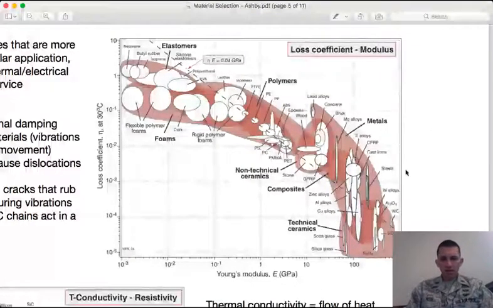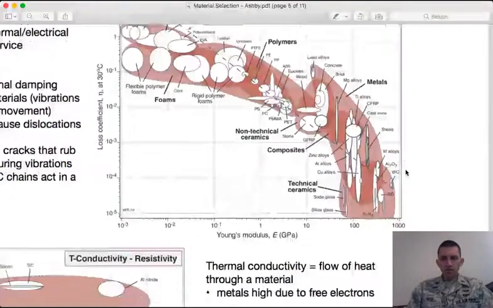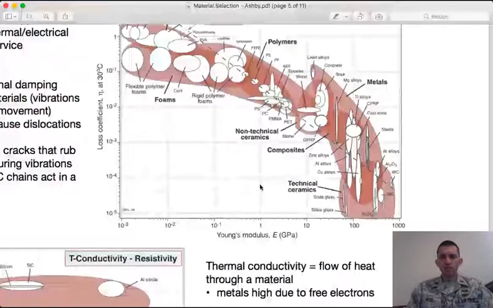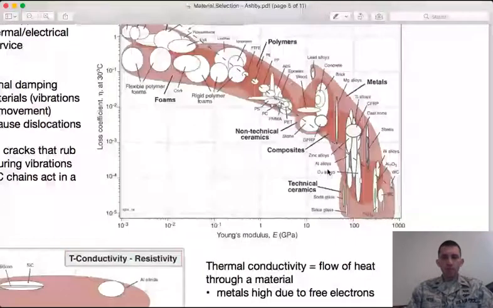If we look at materials with very low loss coefficients, meaning that the vibrations are dampened out very slowly, these are good materials for applications where you want low loss coefficients, for example, a bell. Bells are made out of bronze.